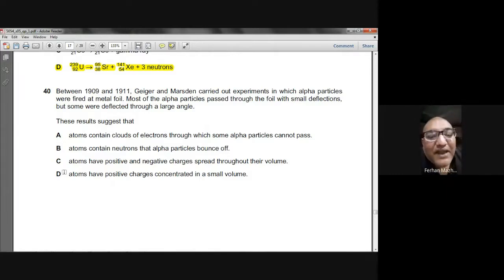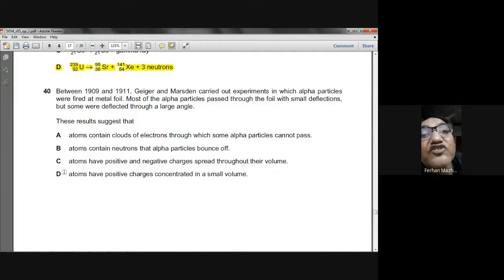From this experiment, they came to know that most of the space in the atom is empty. But at the center of the atom, there is a nucleus, and that nucleus has all the mass, and it has positive charge. This was their finding by this experiment.